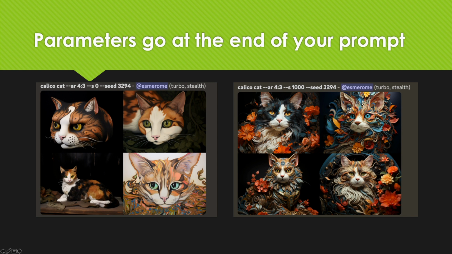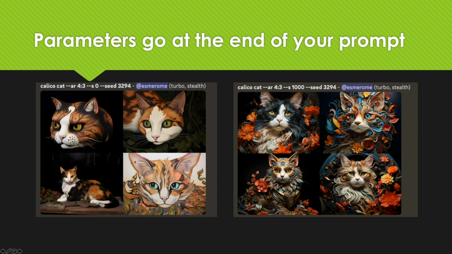When you set the seed, you're going to get basically the same image. If you use the same prompt and the same seed, you're going to get the same image both times. But we've changed the stylization to 0 in this one and 1,000 in this one. That's the only difference between these two, and you can see what a difference it makes.